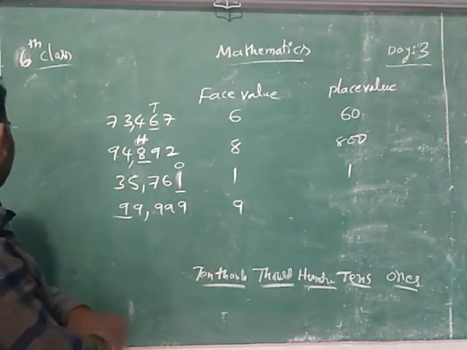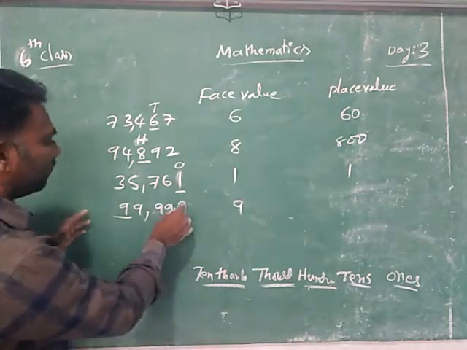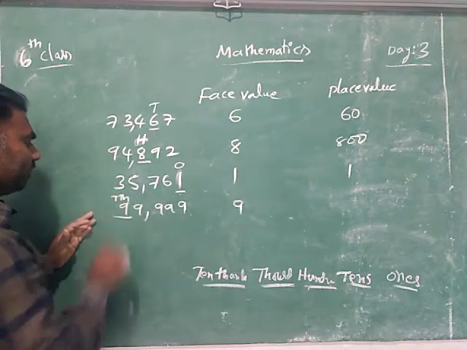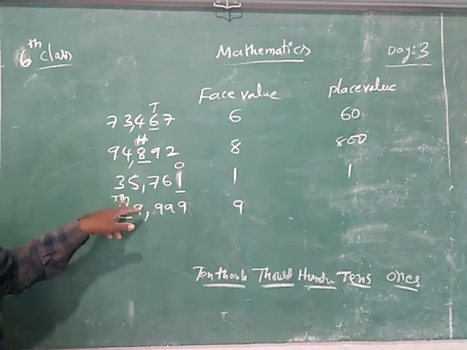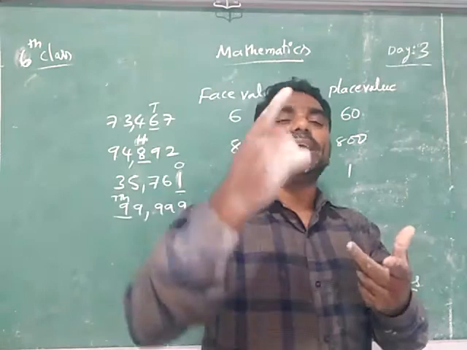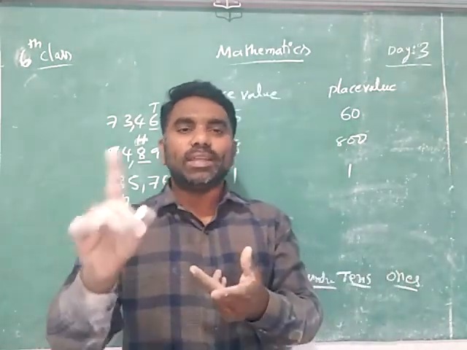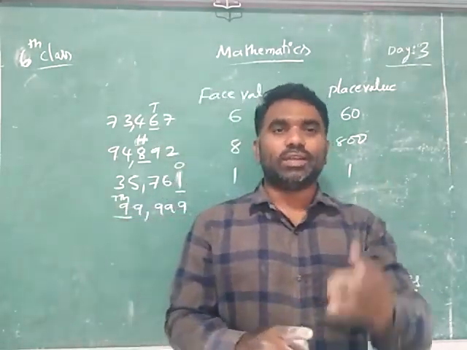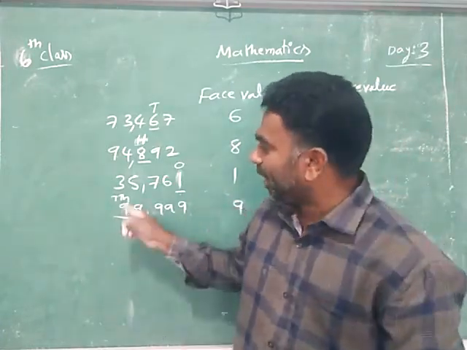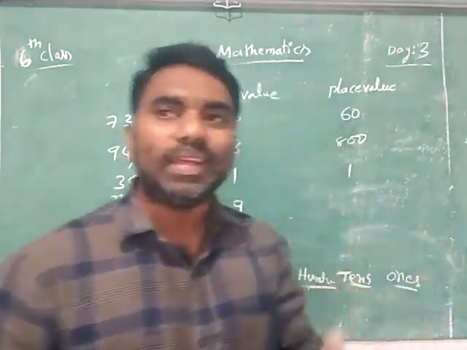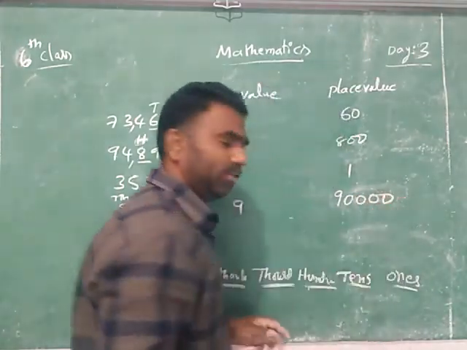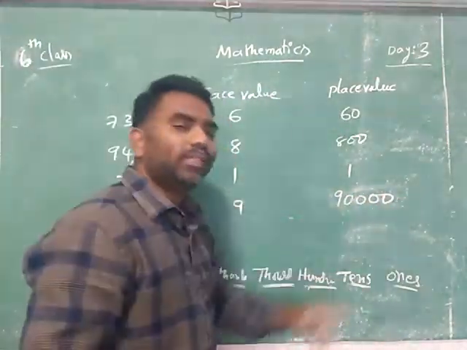You will count: ones, tens, hundreds, thousands, and 10,000s. 9 is in 10,000s place, so 9 10,000s. 1 10,000 is 10,000, 2 10,000s is 20,000, 3 10,000s is 30,000, 4 10,000s is 40,000. Like that, 9 10,000s will become 90,000. You have to write 90,000 like this.